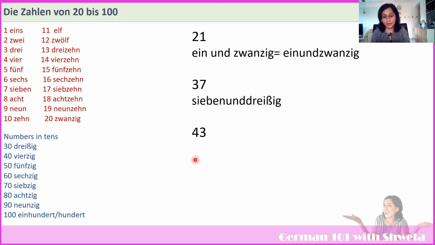Let's take one more number here. What is that units place? 3, right? 3 is here. Und, we need und as a connector. 40. 40 is at tens place. 40 is here. So it will be 43.